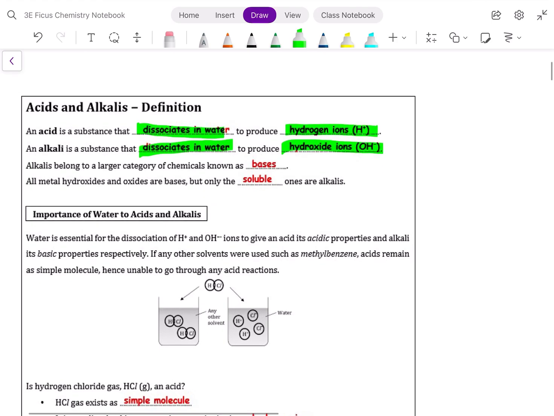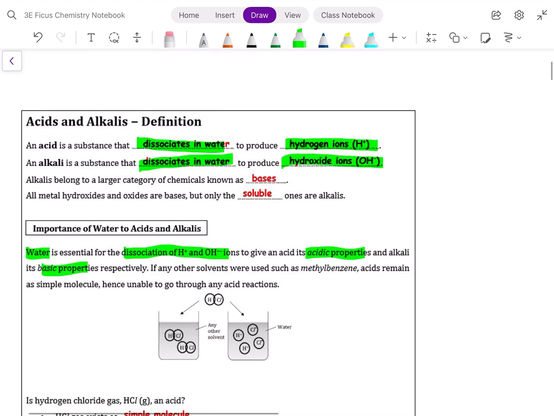What's the importance of the water in this definition? Water must be there for the dissociation of H+ and OH- ions, so that an acid has its acidic properties and alkaline has its basic properties.